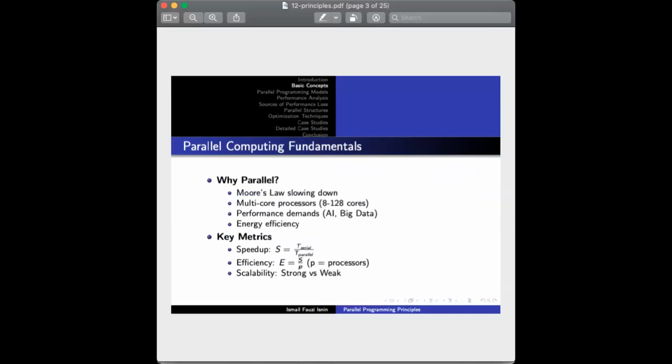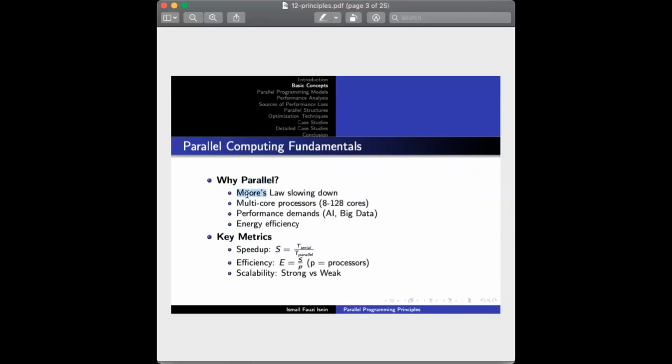To understand why we must write parallel code, we have to look at modern hardware constraints. Moore's law historically guaranteed a steady increase in single core clock speed, but that has significantly slowed down. It shows that the single core clock speed has plateaued.